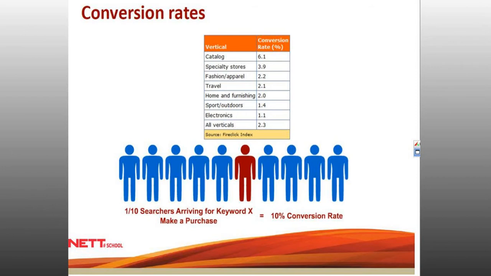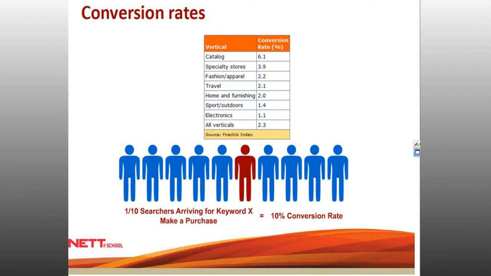So whichever vertical you belong to, the conversion rate will make a difference. If you want to get 3 sales online every day, then depending upon the industry, you might have to make sure that 30 or 90 people go to your website every day.